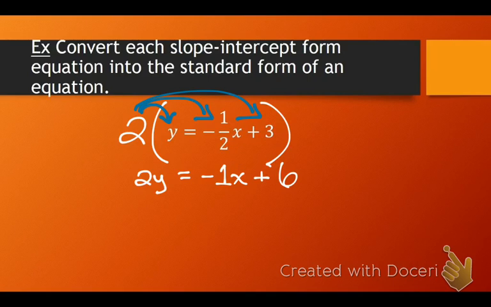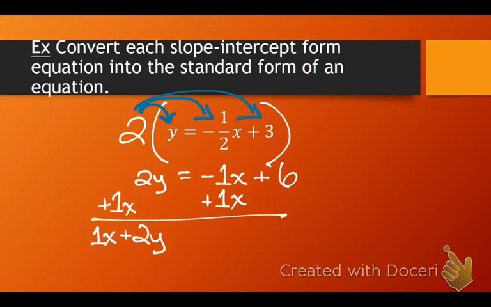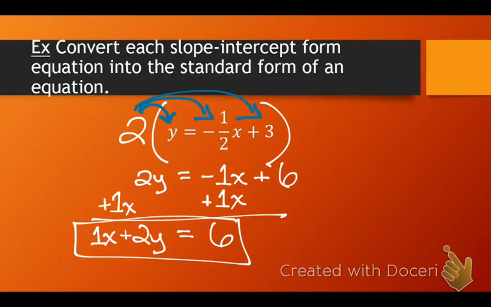Then you're going to move your x term. So I'm going to add 1x to both sides. So we have 1x plus 2y equals 6. We make sure that the very first term doesn't have a negative sign. I could have just said x plus 2y equals 6. That's acceptable also.